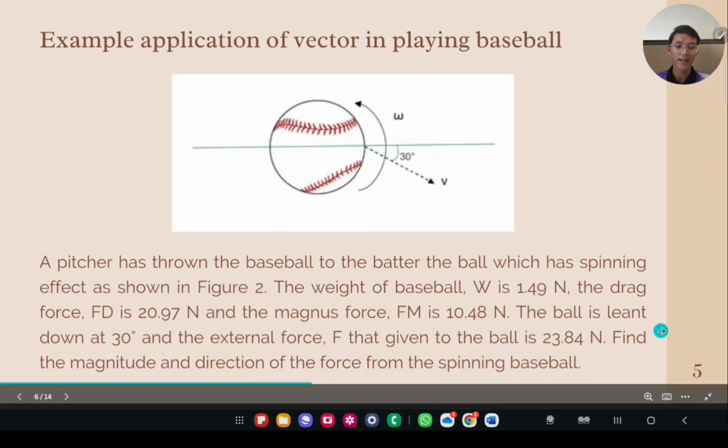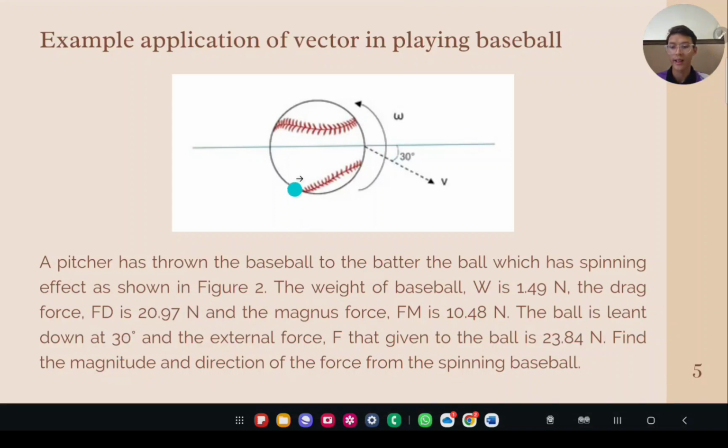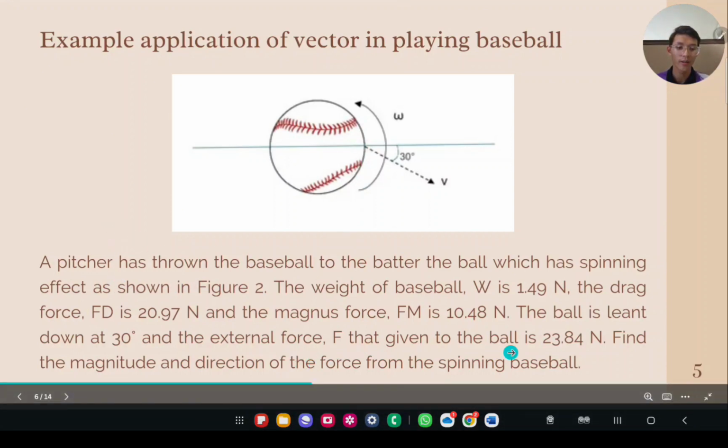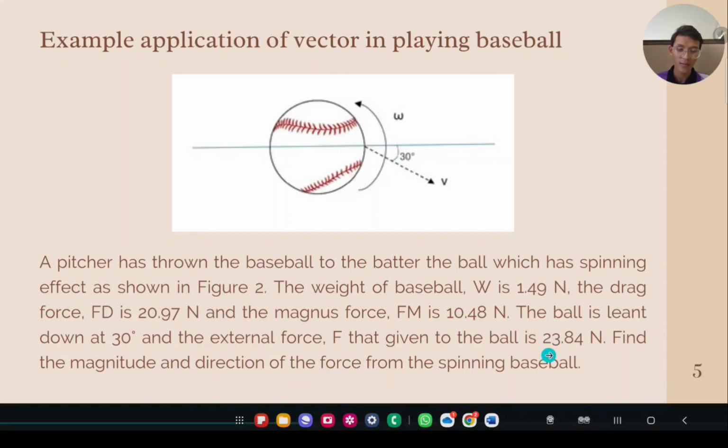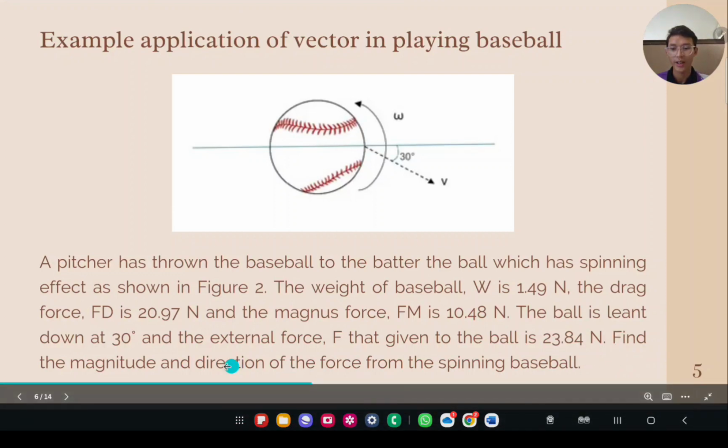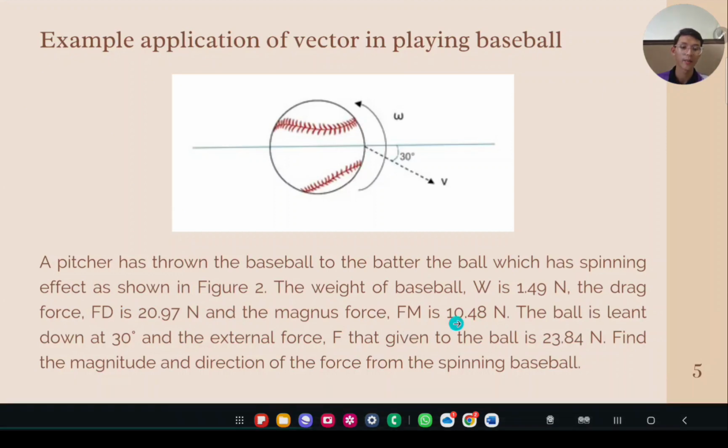The ball is landed down at 30 degrees, and the external force F given to the ball is 23.84 Newton. So find the magnitude and direction of the force from the spinning baseball.